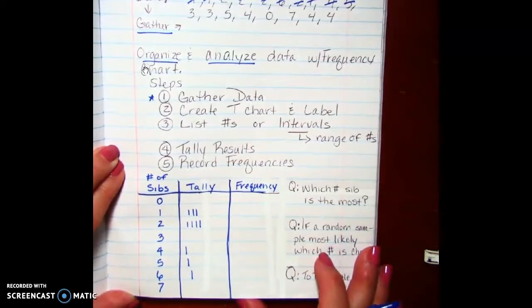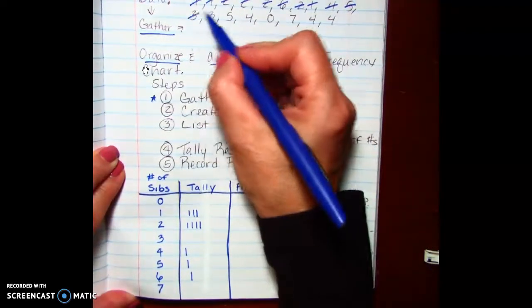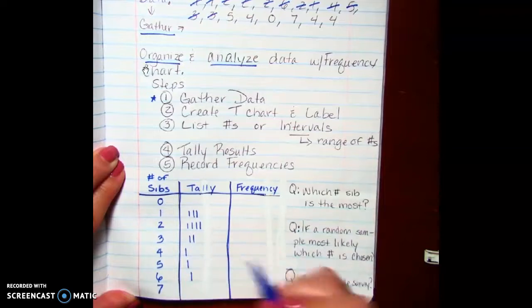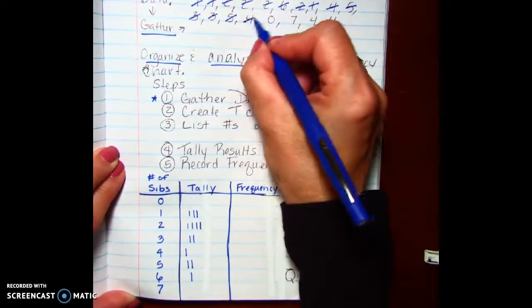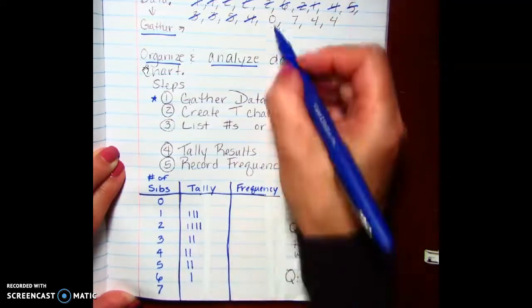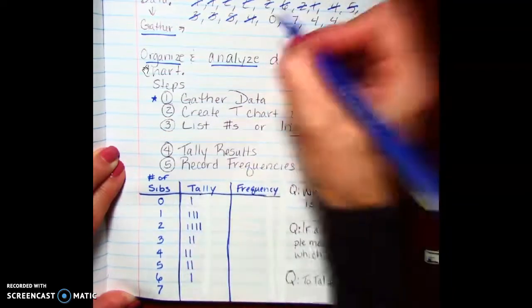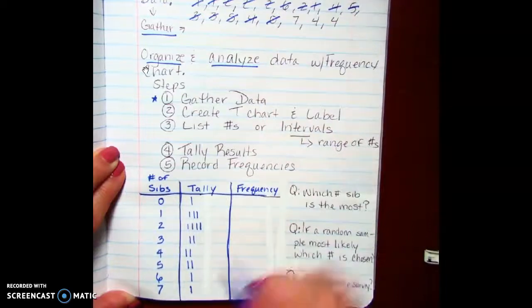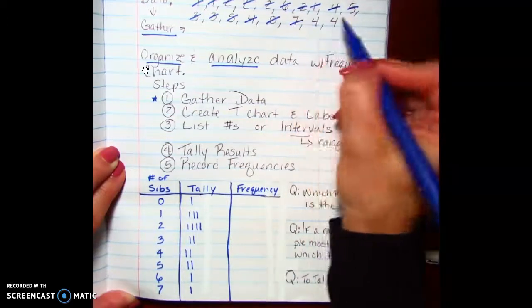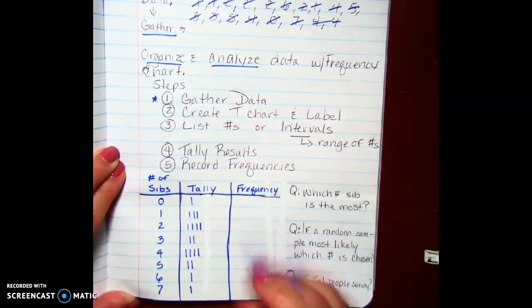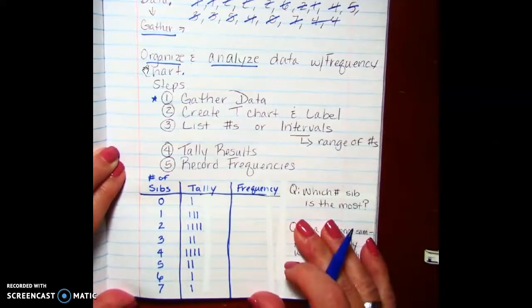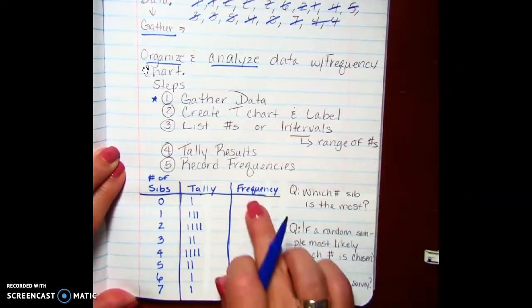Then my data will be incorrect. There's 2 3s. There's a 5. There's a 4. There's a 0, a 7, and then 2 4s. Now, oh, look at that. We had nobody with 5.